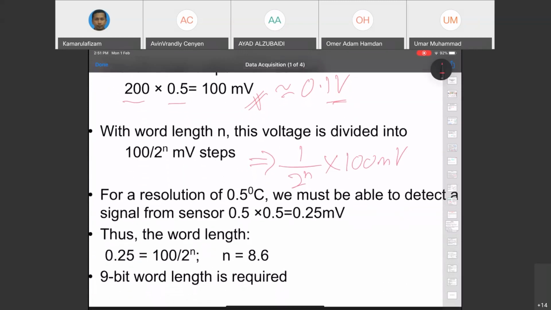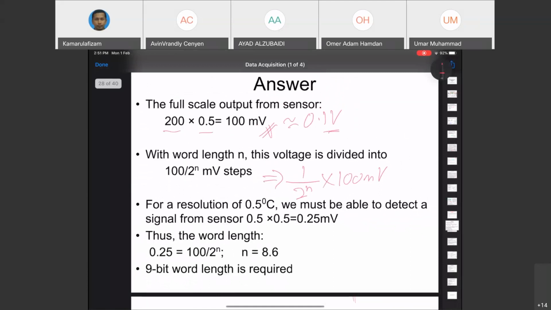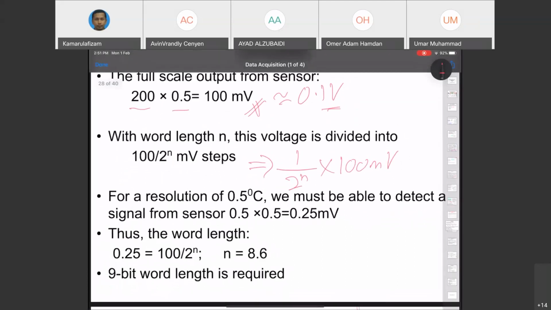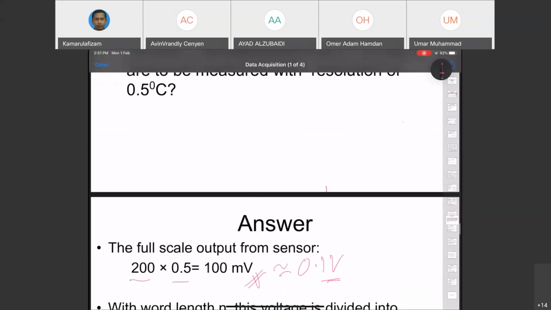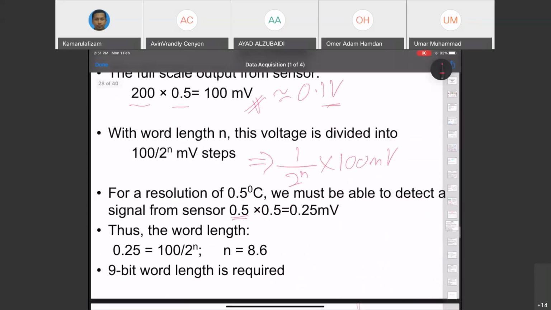Then for a resolution of 0.5, we must be able to detect the signal change, in this case 0.5. The information here is resolution of 0.5 degrees Celsius. So we have to convert 0.5 degrees Celsius to voltage. We will have 0.25 millivolt.